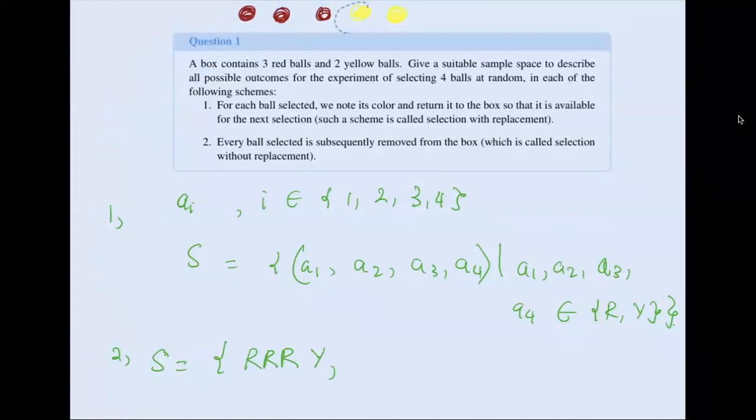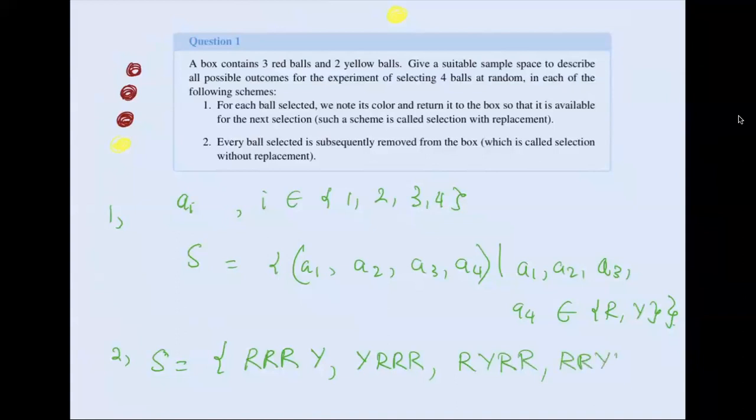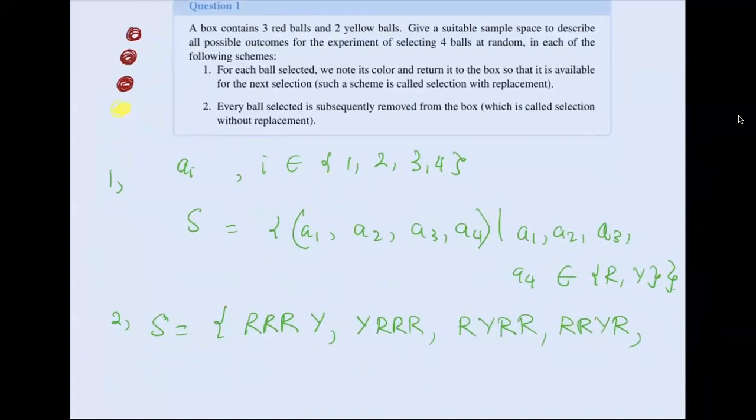For example, you pick the yellow ball first, and then you pick the other 3 red balls. So another possible outcome is yellow, red, red, and red, or red, yellow, red, and red, or red, red, yellow, and red. Okay, so those denote all possible outcomes that contain 3 red balls.